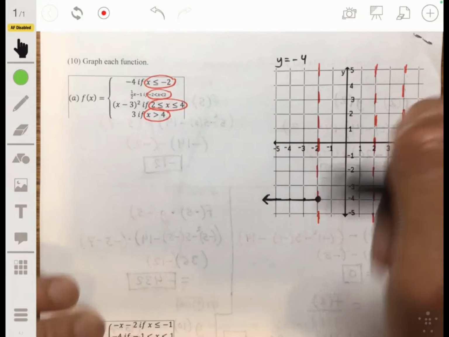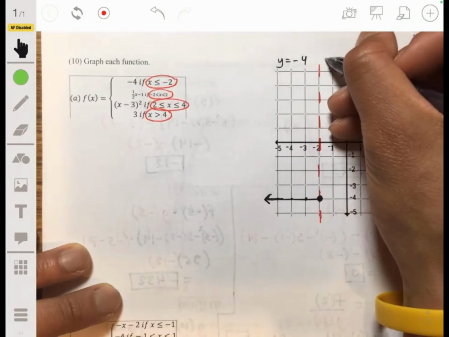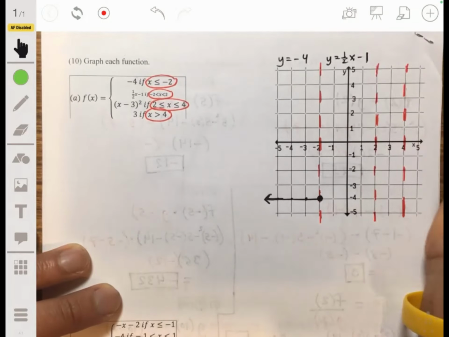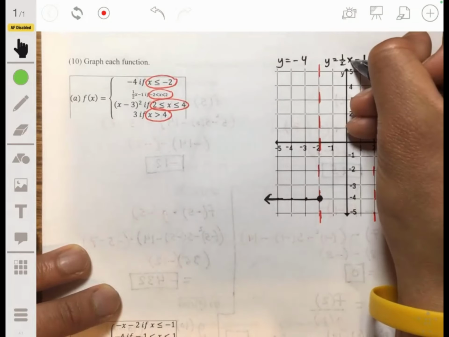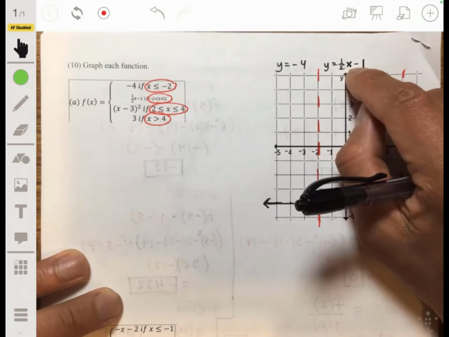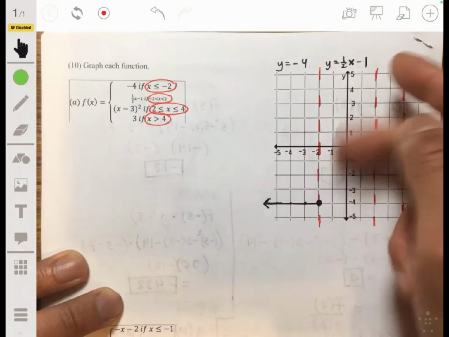Now in this region, we're going to plot the line y equals 1/2 x minus 1. This is going to be pretty easy because we're just going to use slope-intercept form. And since we have the y-axis in here, we can start off at -1.